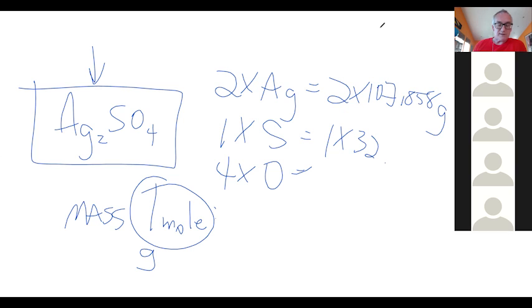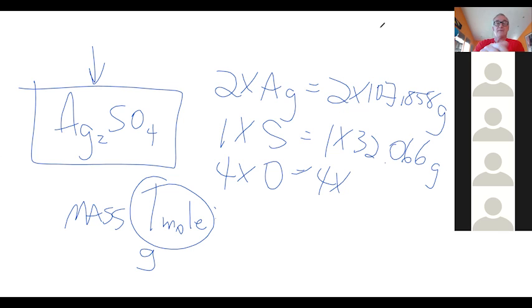So Jean says 32.06. I've got 32.066. So we'll just use that one, 32.066 grams. And what about oxygen? I got 4 moles of that. So what's the average atomic mass of 1 mole of oxygen atoms?